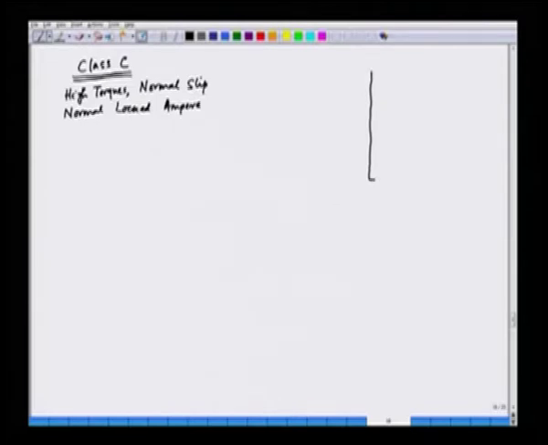We can draw the torque speed characteristic. This is the speed and the torque here. We can also say high starting torque, high torque.